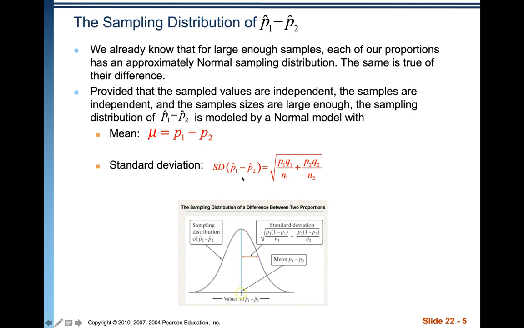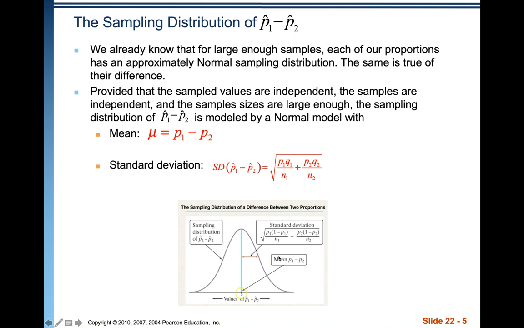So here's a picture, and here the values of the difference in sample proportions would be on our horizontal axis. The mean for P1 minus P2 would be right here in the middle. Here we have our standard deviation.